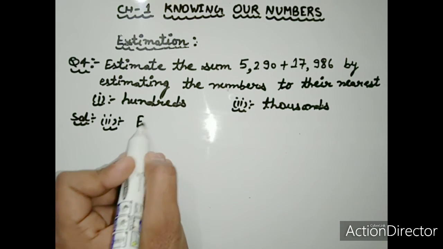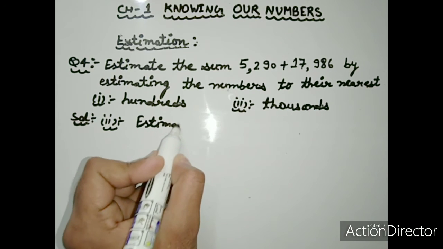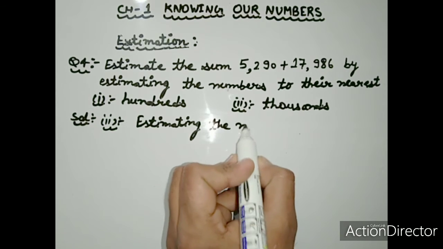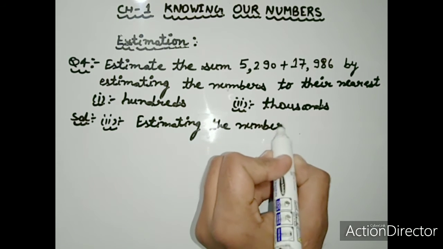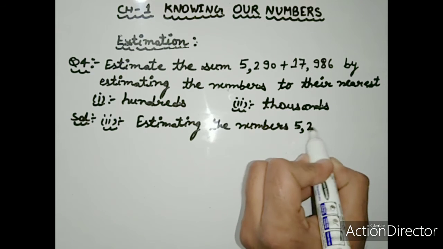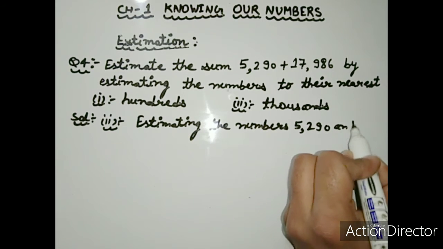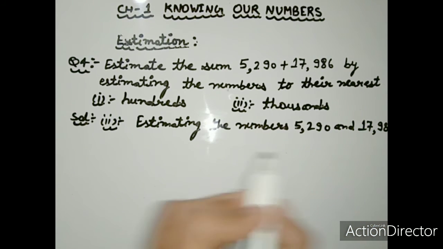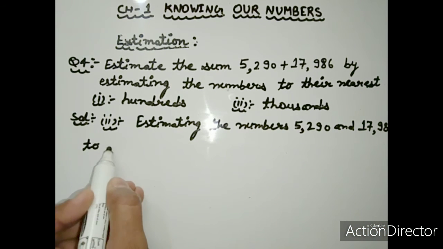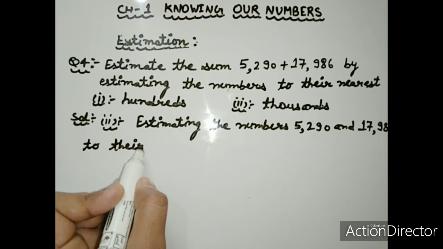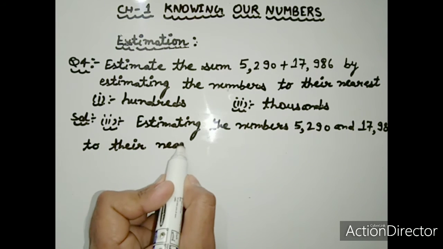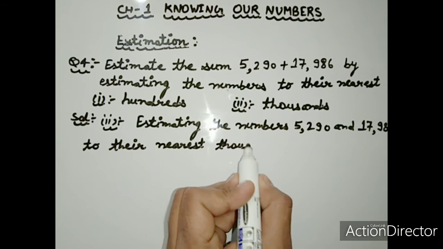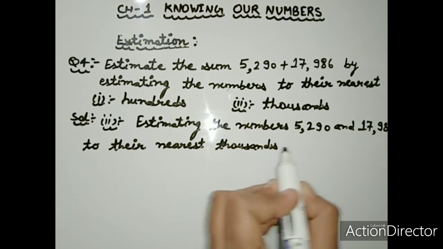Now here again estimating the numbers 5290 and 17,986 to their nearest thousands.